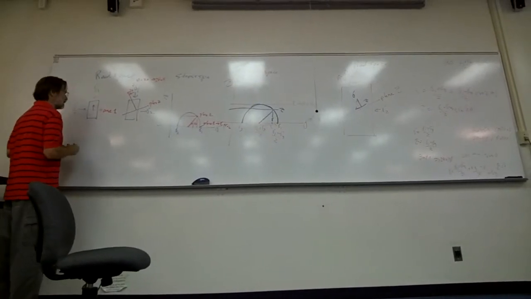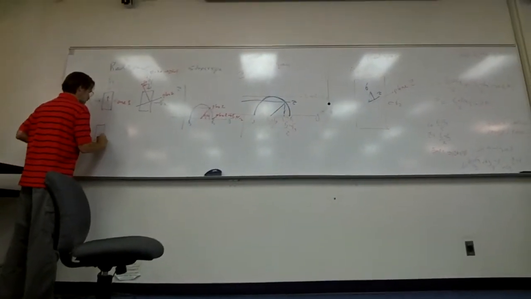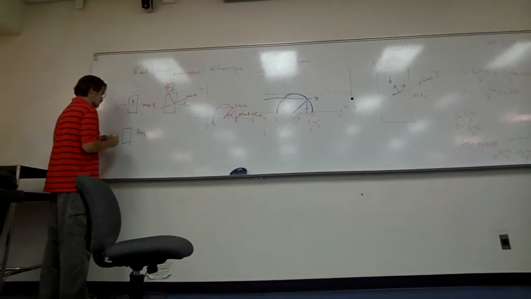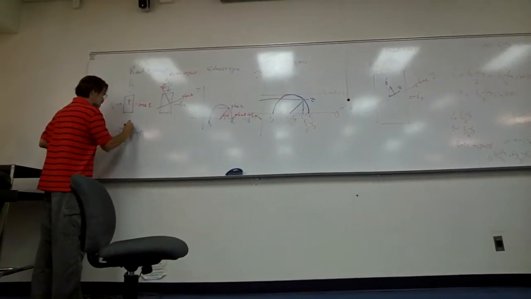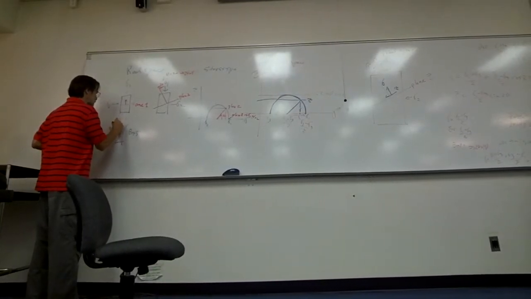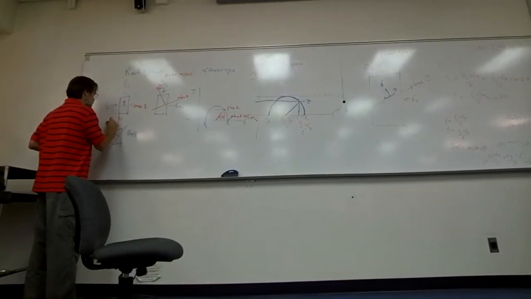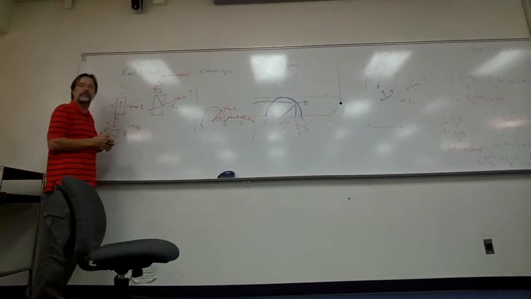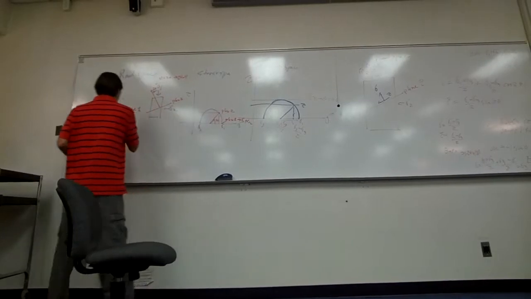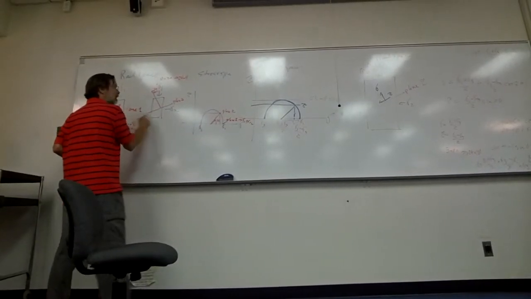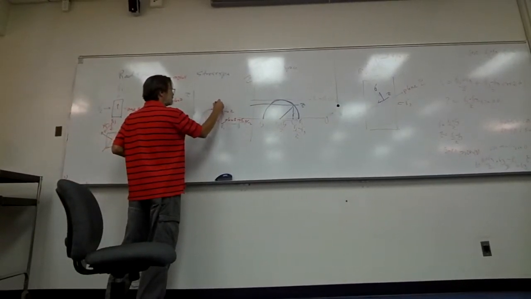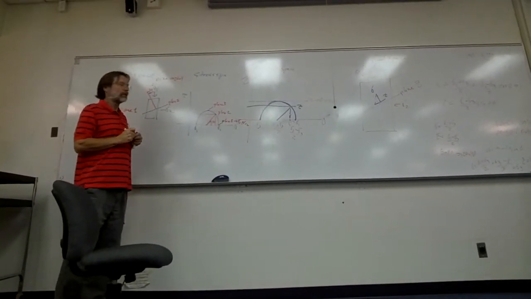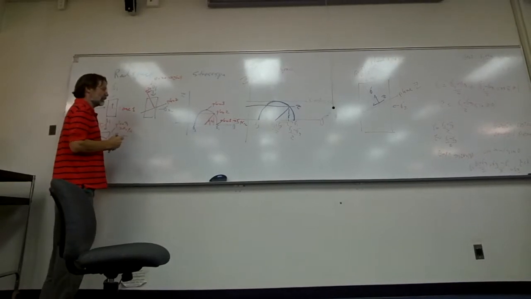I keep rotating. I already did this one, so this one goes quickly. And theta equals 45. Theta is 90. That gets you here. So this is plane 3. I keep going.